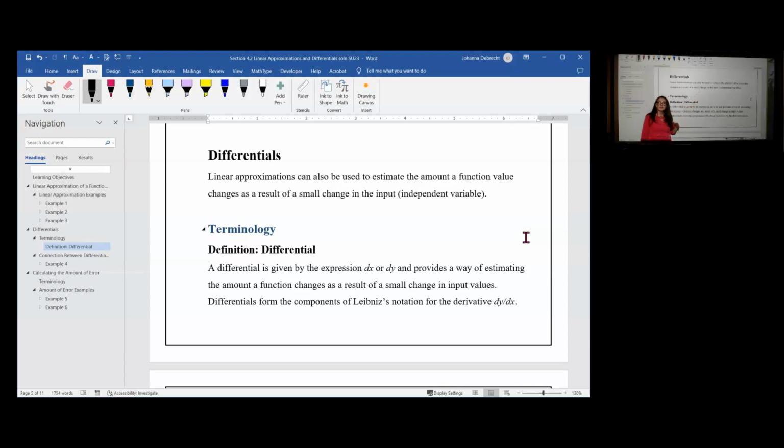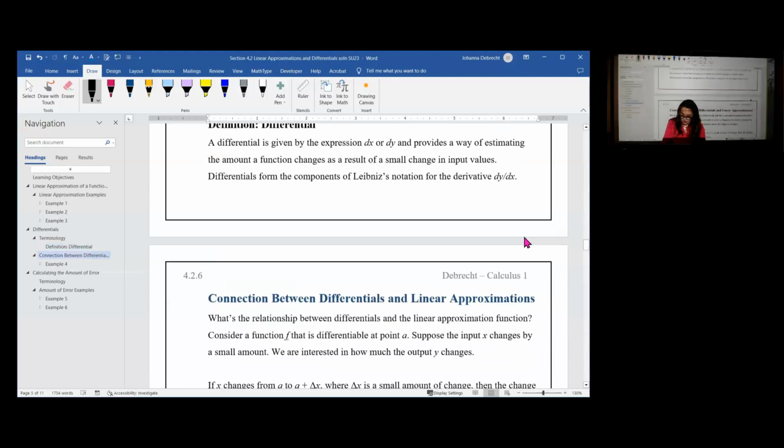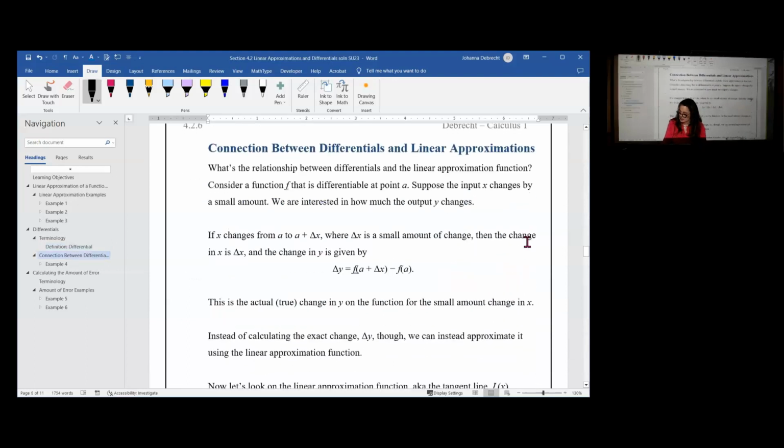They correspond to a small change in x or a small change in y on the linear approximation function. This gives us a way of estimating the function changes as an effect of a small change in the input values. These correspond to Leibniz's notation of dy and dx.